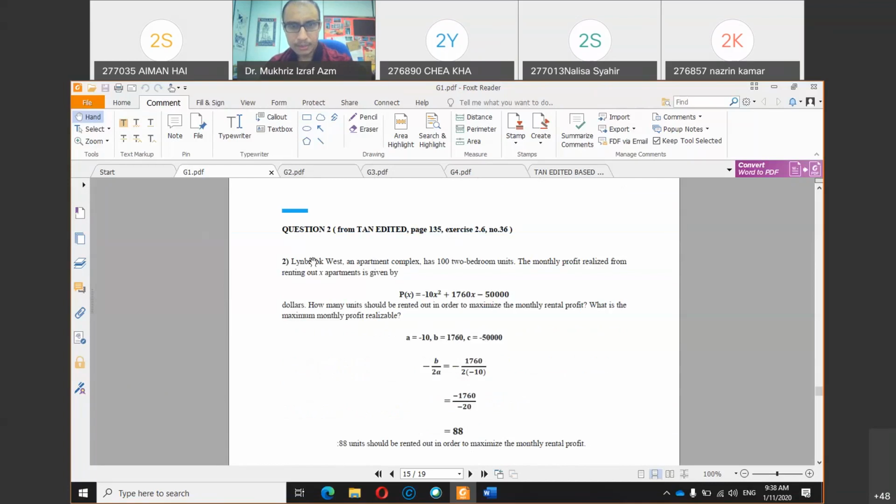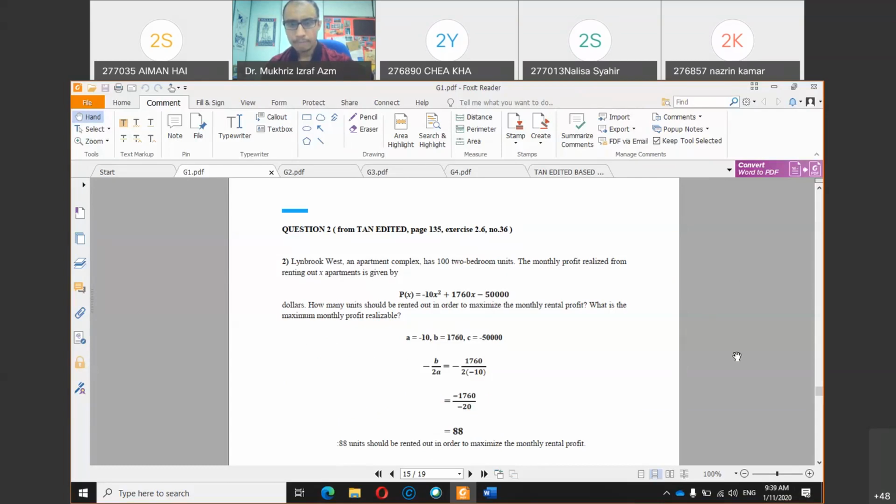Okay, let's go to question number 2 here from Tan. Just explain briefly what this question is about and what the importance of this question is. The quadratic function is given, so we need to find how many units maximize the rental profit.